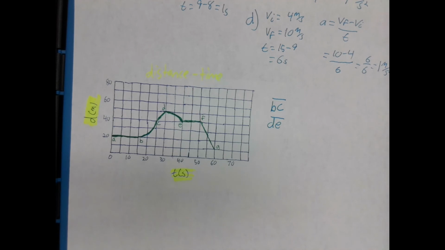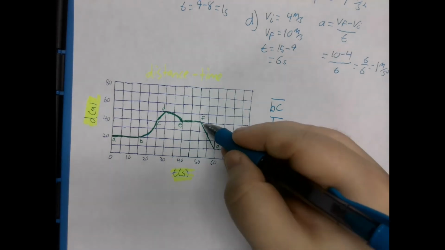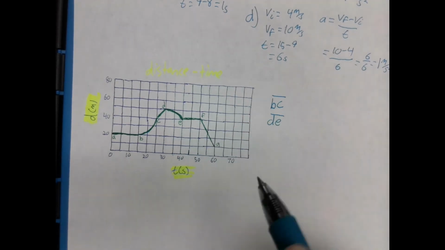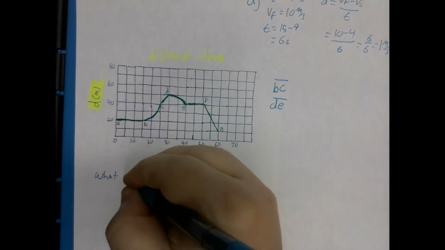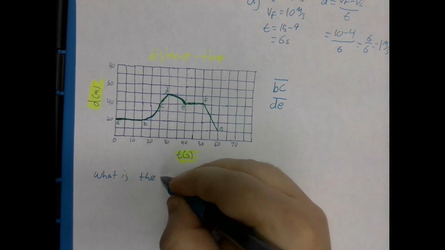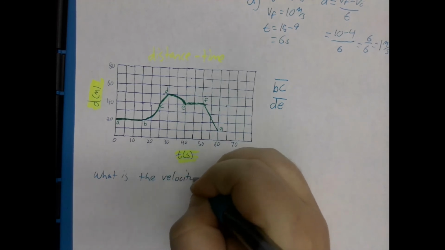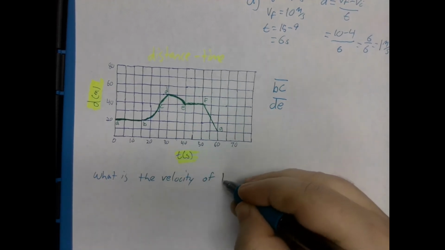If you wanted to calculate the velocity, so for example, what is the velocity of the line segment FG?